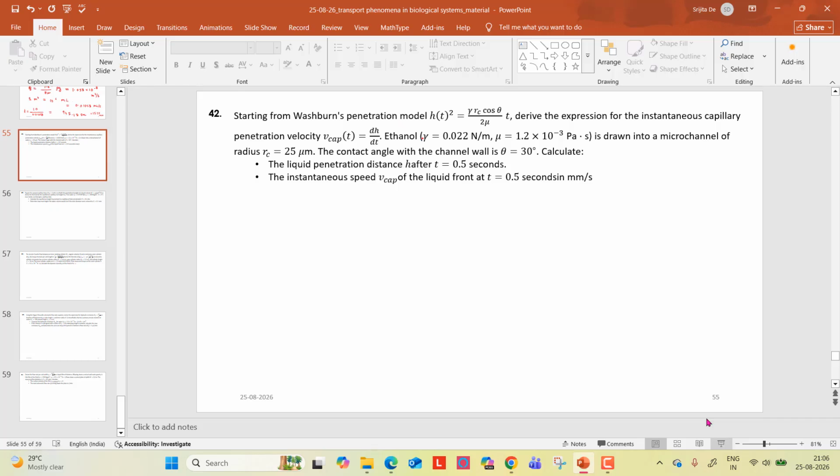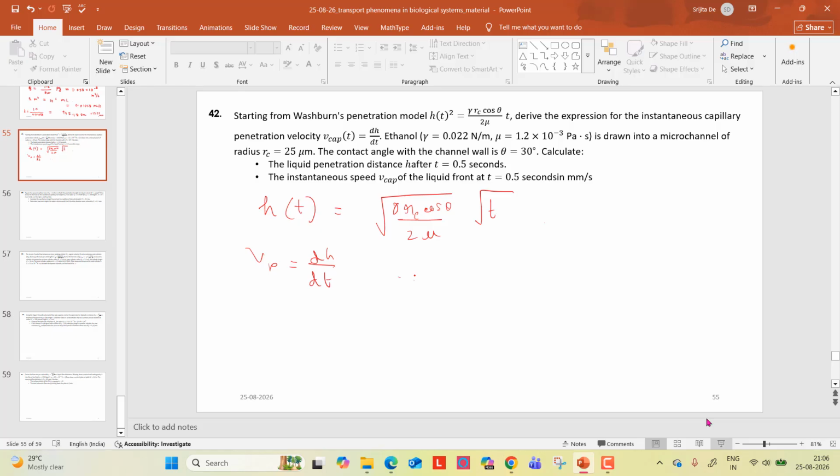So this is the H square expression, right? So from there you need to calculate the H expression, H(t). H(t) will be root under gamma r c cos theta by 2 mu into root t. Okay, so from there Vp will be your dH/dt. So you have to derive it, and from there you will be getting the liquid penetration distance.